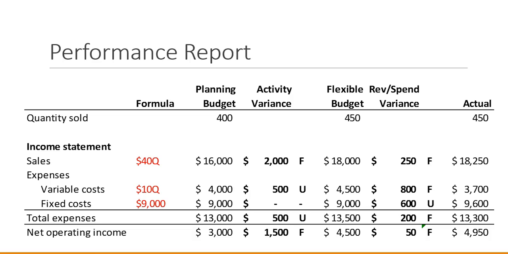And then to the far right, we have our actual income statement. And between flexible budget and actual is the revenue and spending variances. These are the differences that are isolated from the change in planned versus actual unit sales to solely look at what changes occurred in our sales price, in our variable cost per unit, and in our fixed costs.